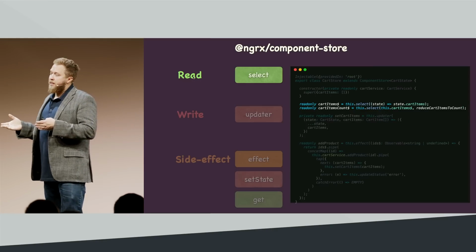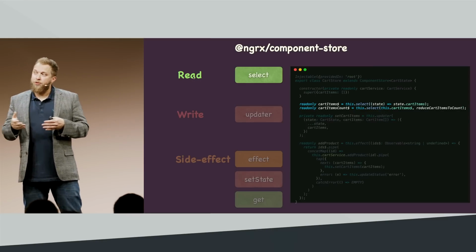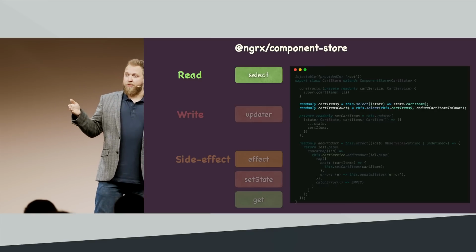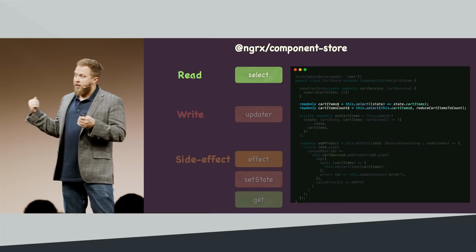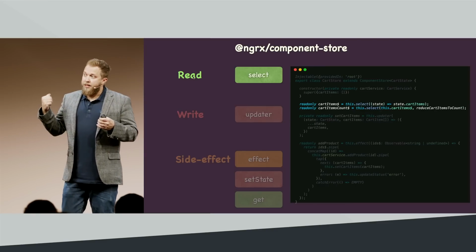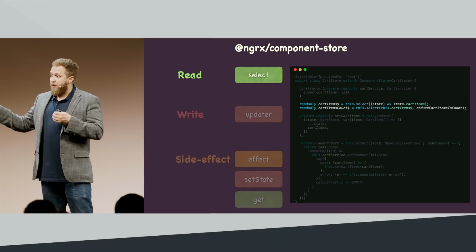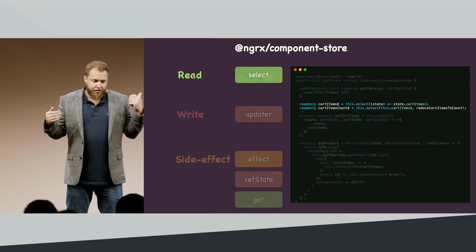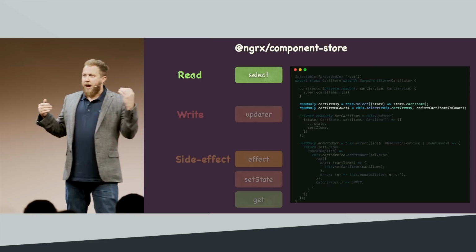Now, select itself can also do other things. For example, it can take one or more observables as arguments, and it would be listening for those observables to emit. The last argument there, reduce cart items to count, is a function.